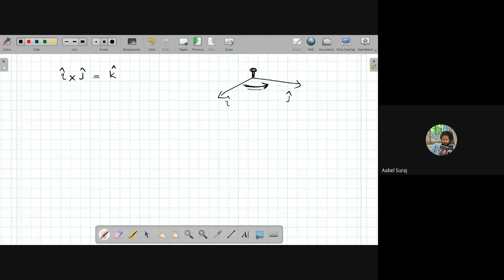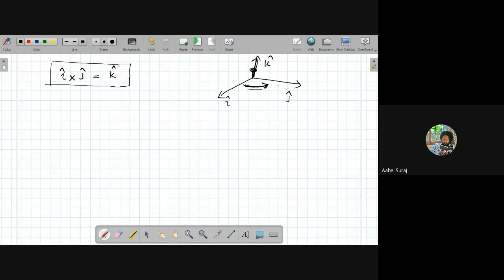That is the direction of the other vector, and that will be k cap, always k cap. Since i and j are mutually perpendicular to each other, k will also be perpendicular to i and j. So these three vectors i, j, and k are mutually perpendicular. Okay, I hope you have understood this idea.